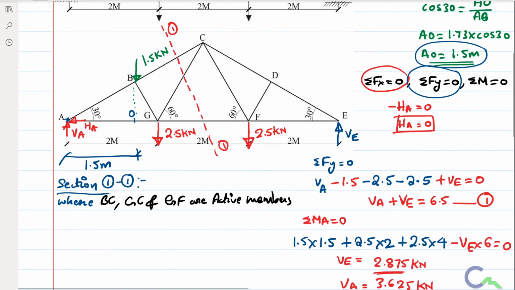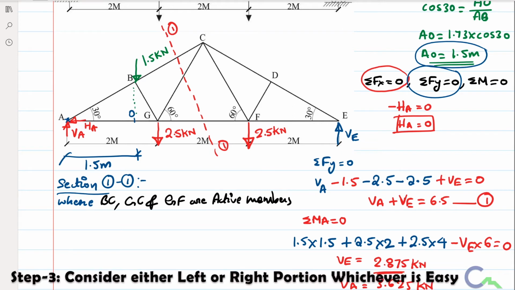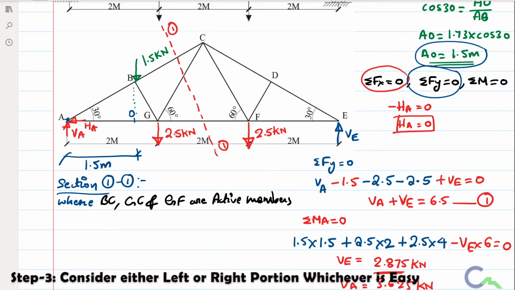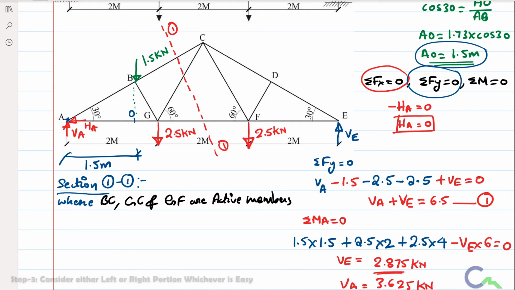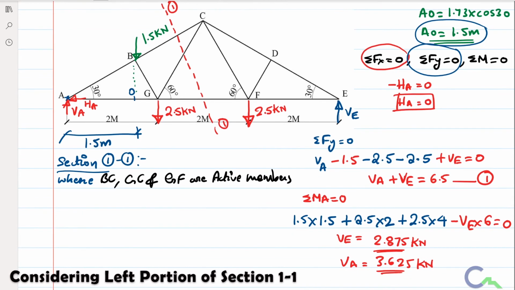So after taking this section, either have to consider left side of the section or right side of the section, whichever is easy I can consider that. If I see here, the left side is easy for my calculations, so I am going to consider the portion left side of the section 1 1. So I am going to draw that one.